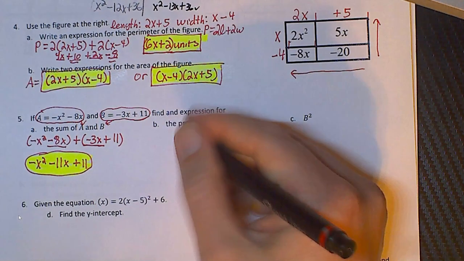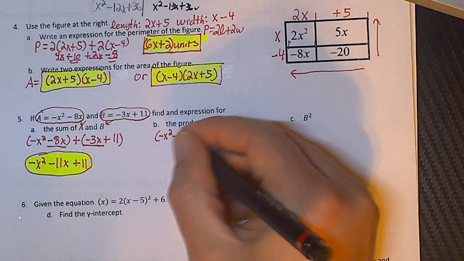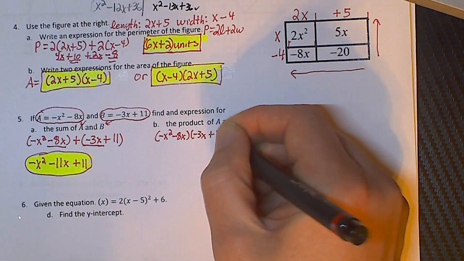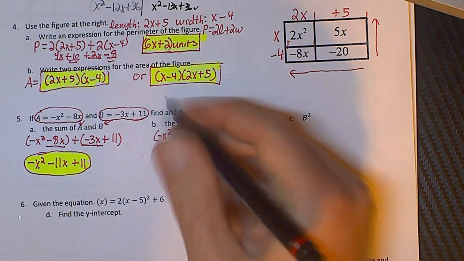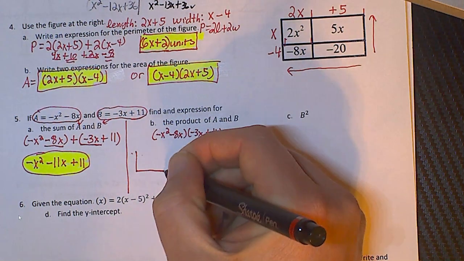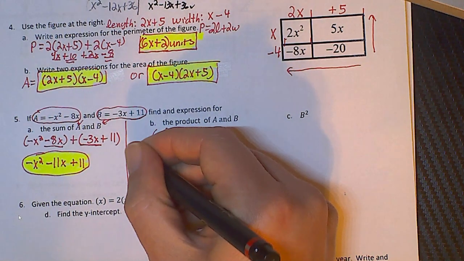Product means multiply. Negative x squared.